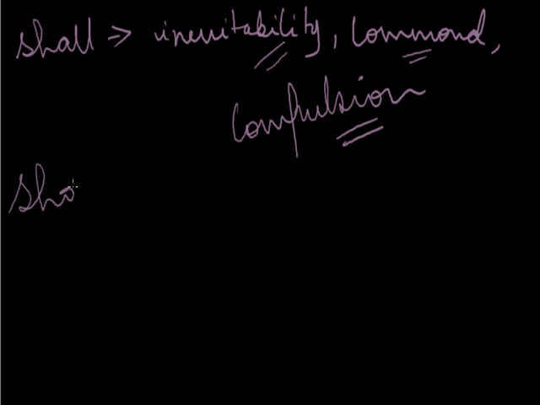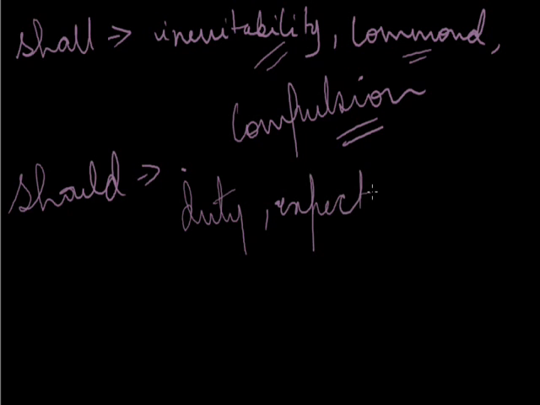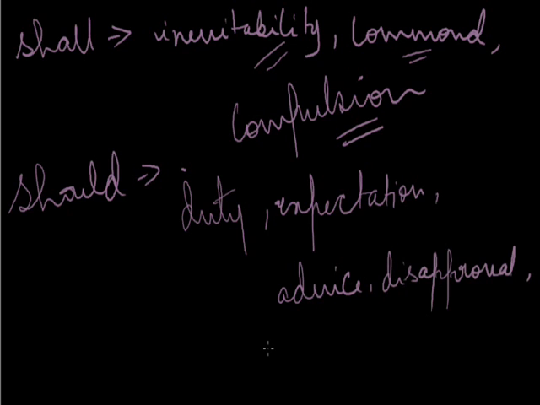Next, coming on to should. Should is the past tense of shall, but more often it is used as an auxiliary indication. It indicates duty, expectation, advice, disapproval, and expresses a negative purpose.